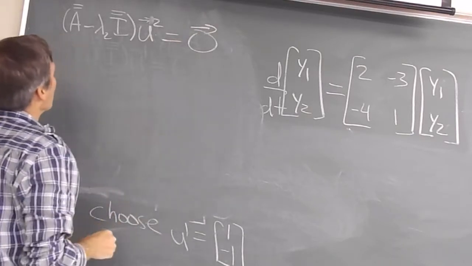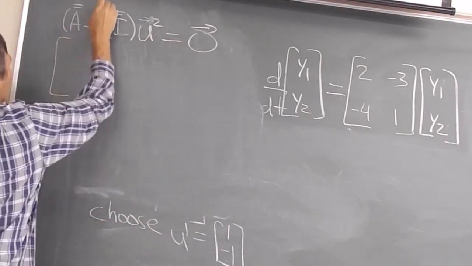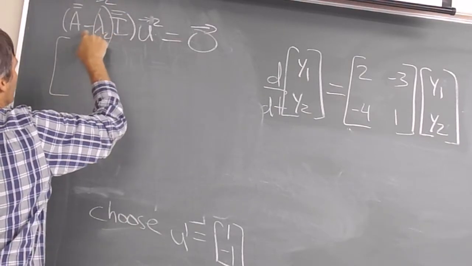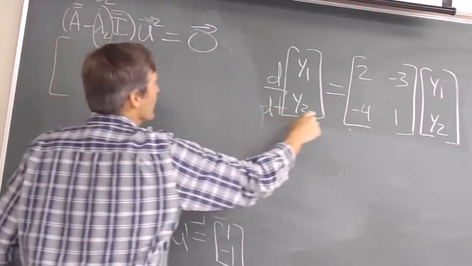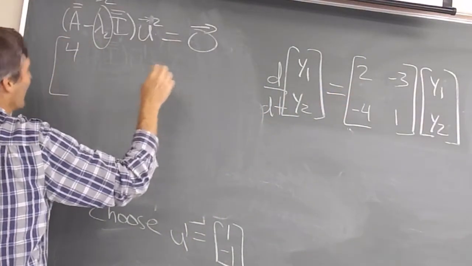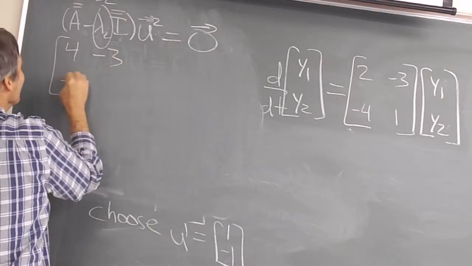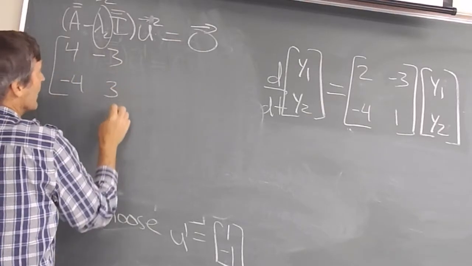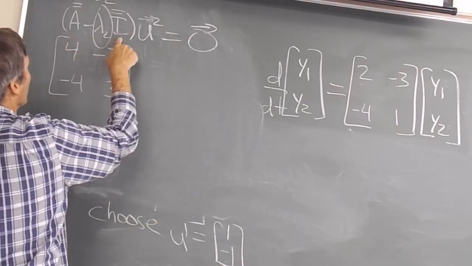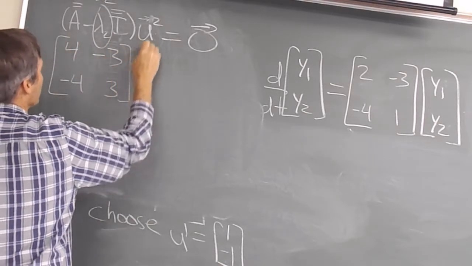Well, when we subtract lambda 2, which is -2, that's the same as adding 2 times the identity to this. So we'll add 2 to each diagonal element. 4, minus 3, minus 4, 3. That's A minus a -2 times the identity times the vector U2.